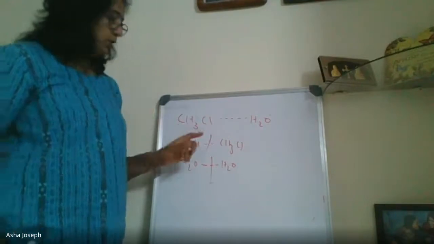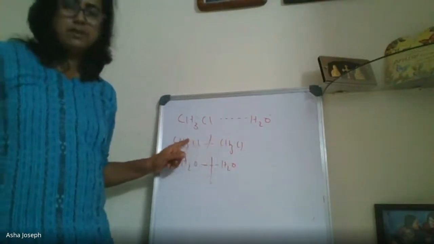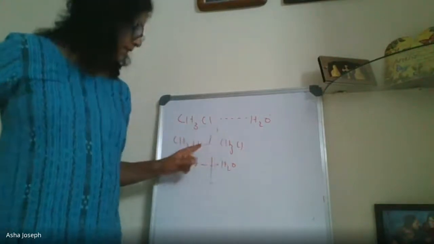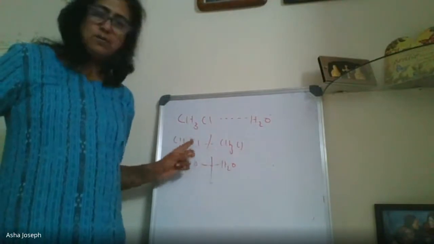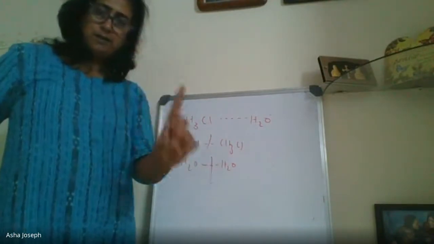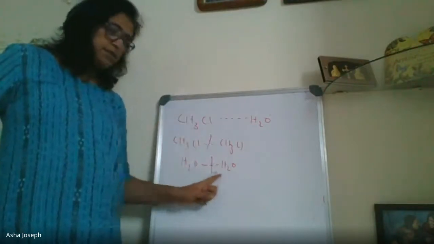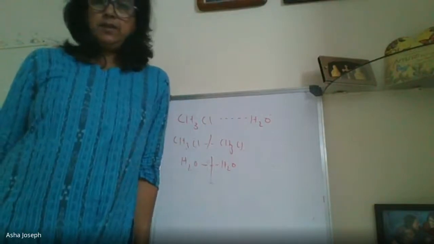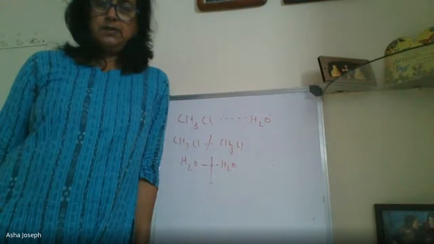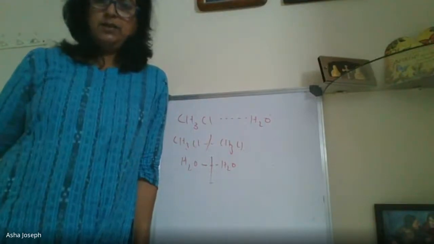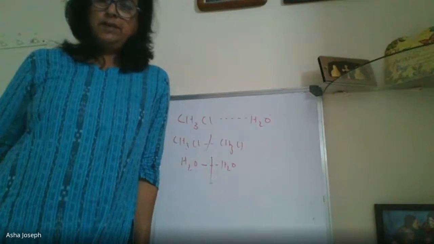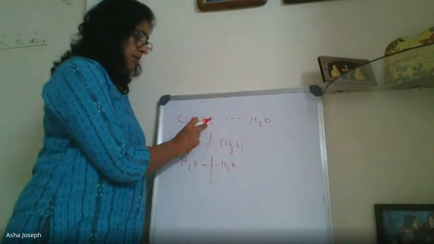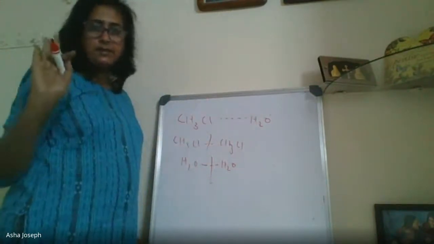The first two are already there: chloromethane with chloromethane, that is interaction 1; then the solvent-solvent interaction, water and water, with intermolecular hydrogen bonding, that is the second interaction. The third interaction is between chloromethane and water.